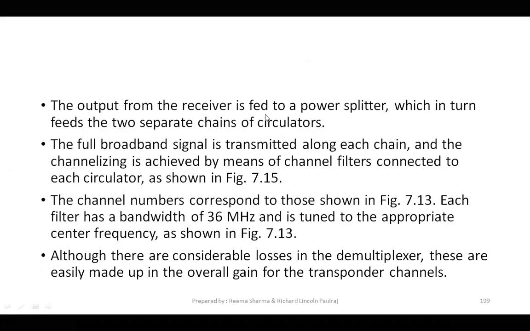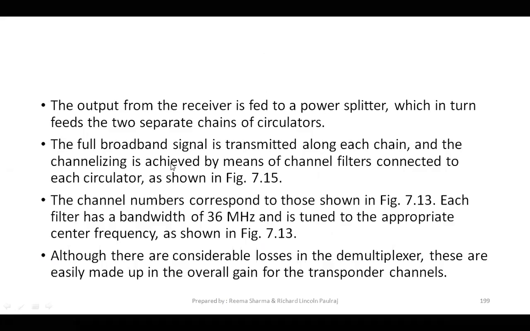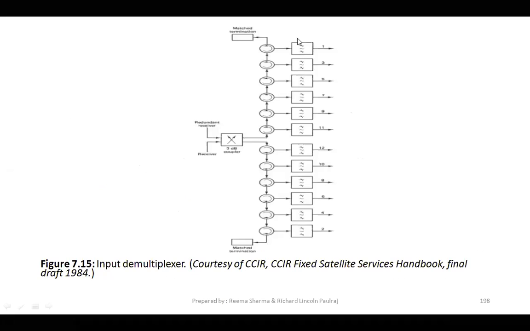Okay. So the output of the receiver is fed to a power splitter, which in turn feeds two separate chains of circulators. So this is what you see, which is actually connected to the block. The full broadband signal is transmitted along each chain, and channelizing is achieved by means of channel filters connected to each circulator.